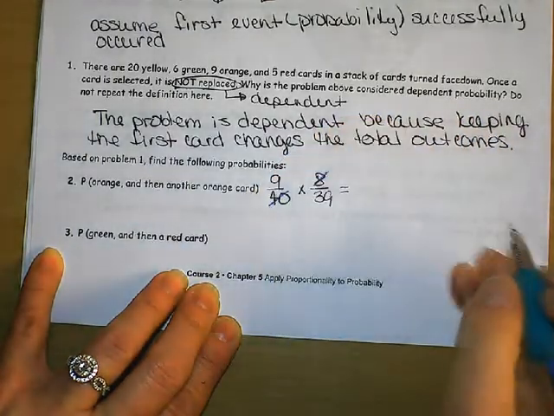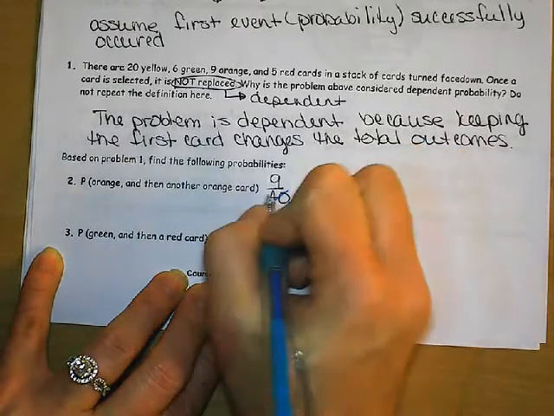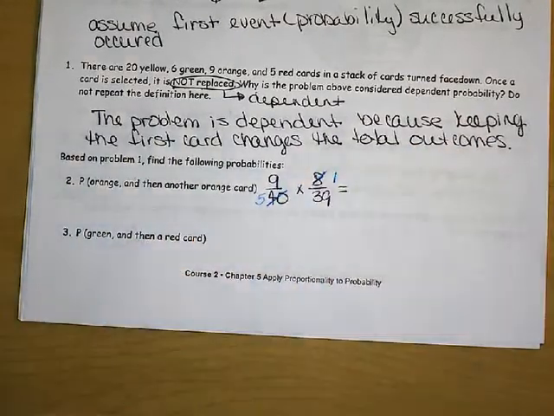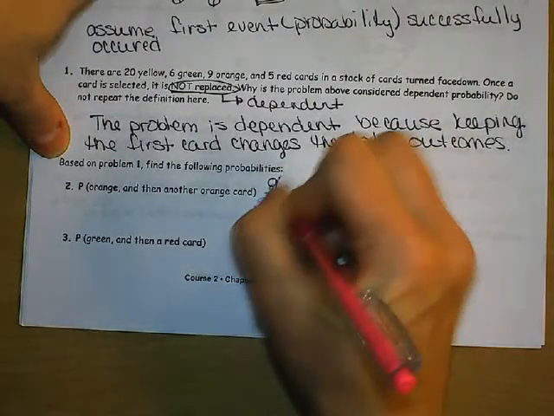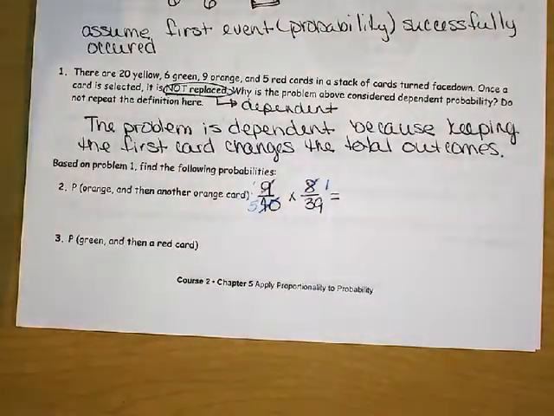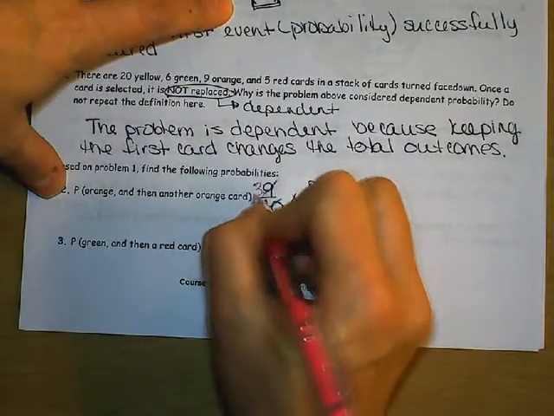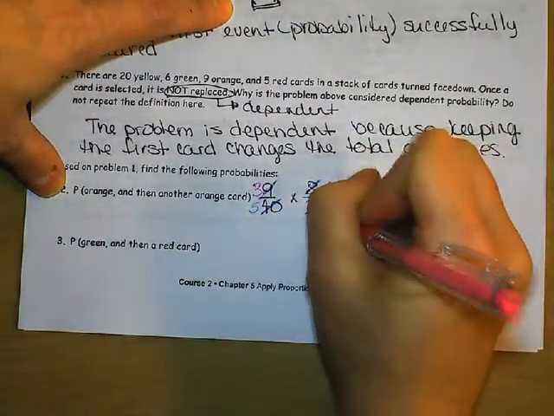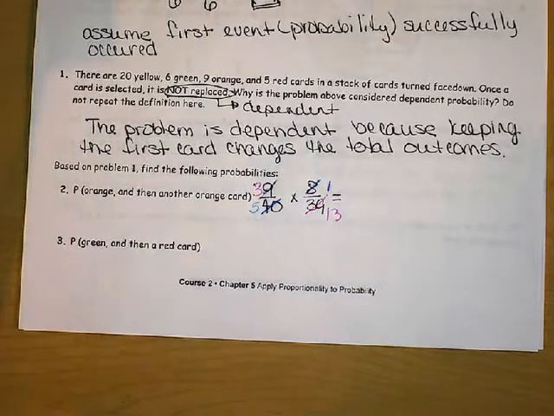8 and 40 can both be simplified down to 1 and 5. 9 and 39 can both be simplified by 3. Therefore, this 9 becomes 3, and 39 becomes 13.